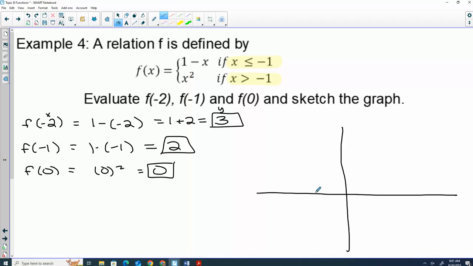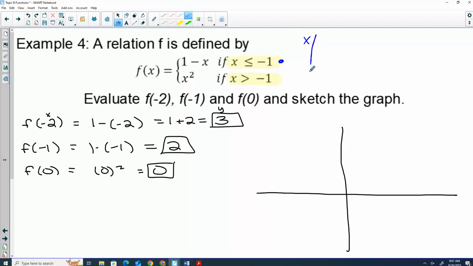Is that enough for my graph? Do you remember, in general with these, we did T-charts, and we would do a T-chart for each piece, so that we figured out what it looked like. So since this one's 2 pieces, you would have to have 2 T-charts.